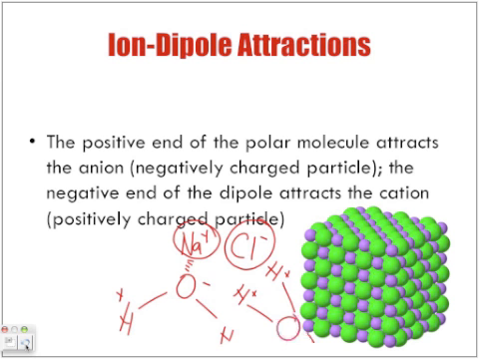So opposites attract. This H, which is slightly positive, and this chlorine, which is negative, have an attraction between them. That's why the oxygen is going to be away from the chlorine, because the oxygen is slightly negative and chlorine is negative. They're like charges, so they will repel one another.